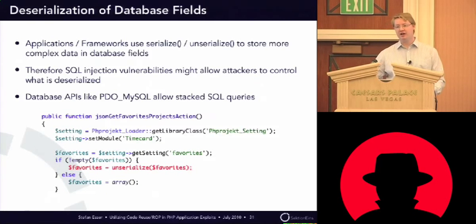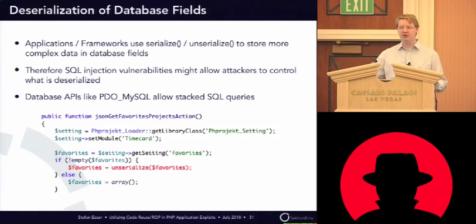The next thing where you find unserialize is with databases. There are a lot of PHP applications that store settings or sessions in a serialized form in the database. This means if you have a SQL injection vulnerability in a PHP application, you maybe can modify the field that is serialized. With older PHP applications this was very tricky because you cannot stack queries with MySQL in early PHP versions.